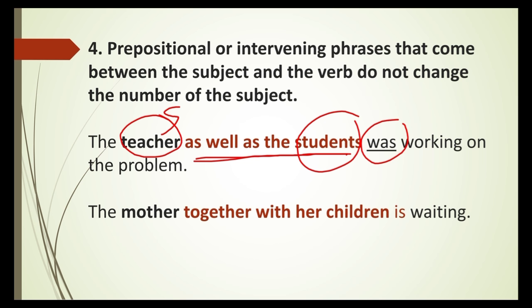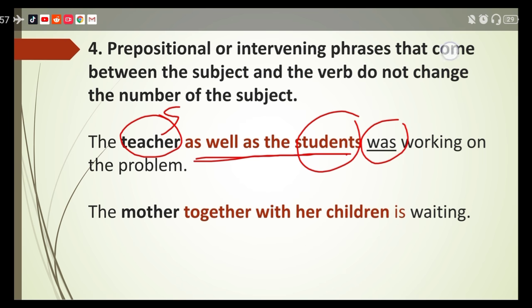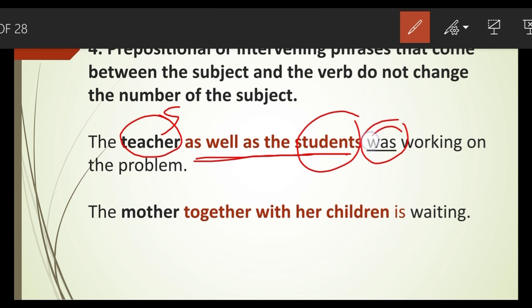Removable sila, omittable sila. Kahit tanggalin mo sila, okay yung sentence natin. Okay? So, dito, ang ating subject ay singular, kaya ang pipiliin natin ay yung was. Yung as well as the students, panggulo lang yan. Omittable yan. Okay, so intervening lang yan. So, hindi sila kasali. So, laging ito lang yung titingnan natin.